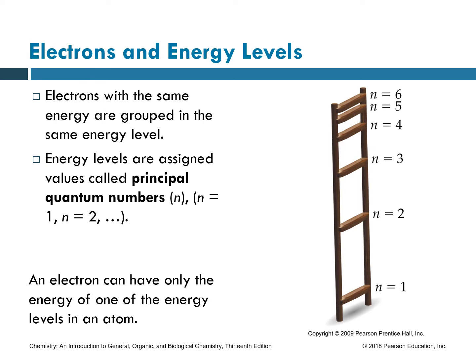You cannot find the person's feet hanging anywhere in between these two steps, right? So something can only be found at n equal to 1, or step 2, or step 3, 4, 5, 6, wherever. That is exactly what energy levels are. You can only find electrons in quantum number 1, 2, 3, 4, but you can never find electrons in between these quantum numbers.